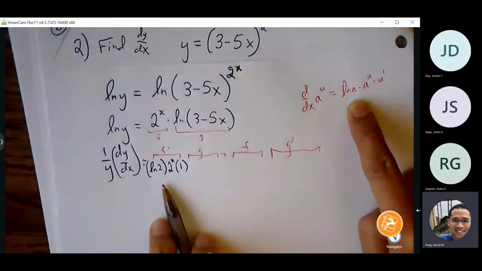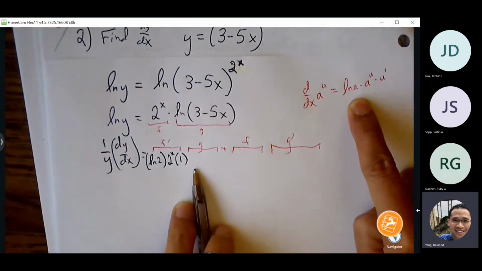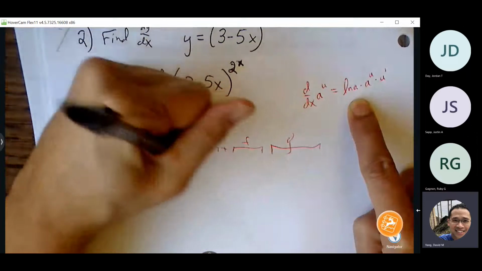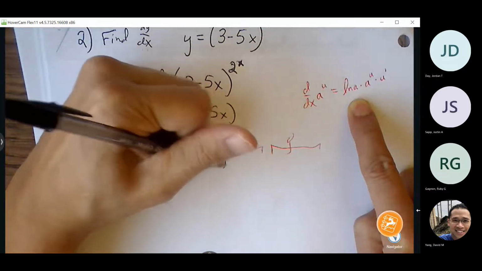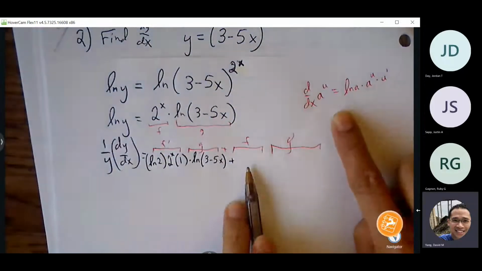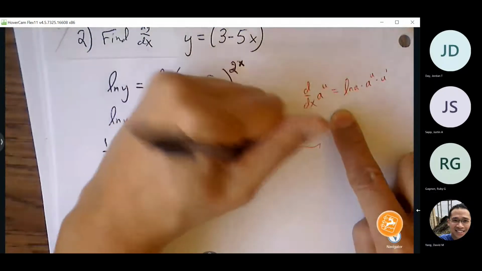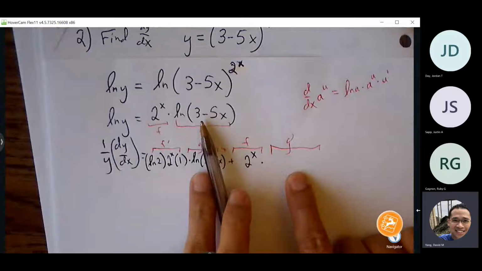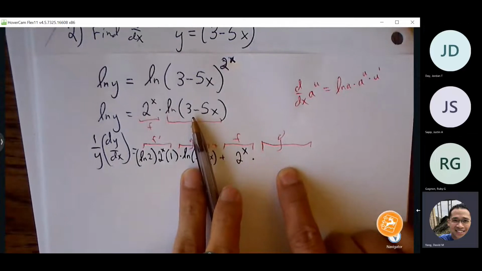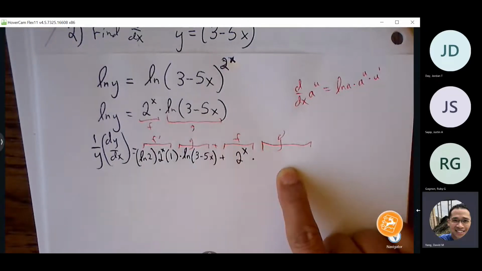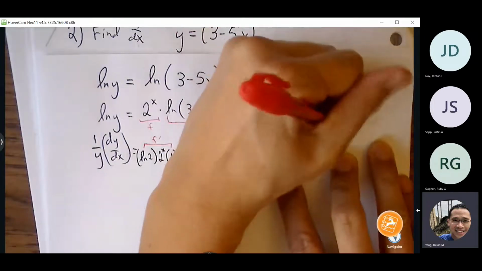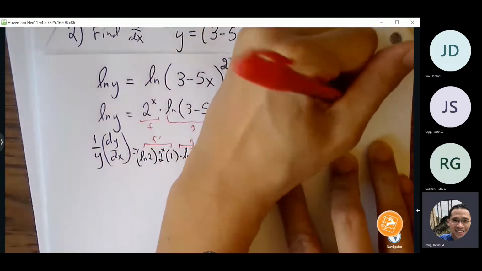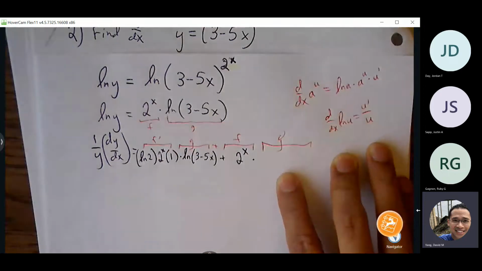Okay, you guys okay here? Derivative? Okay. The g function, no changes. Back to f, no changes. And then g prime, okay? What's natural log of 3 minus 5x going to turn into? Yeah, we know the derivative of natural log of u is just u prime over u.